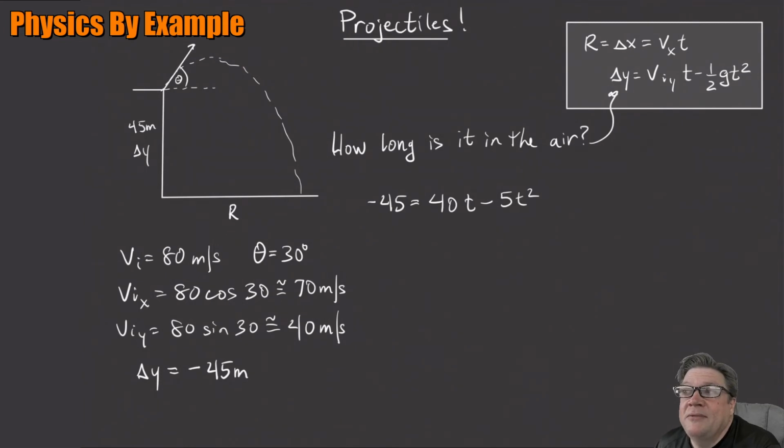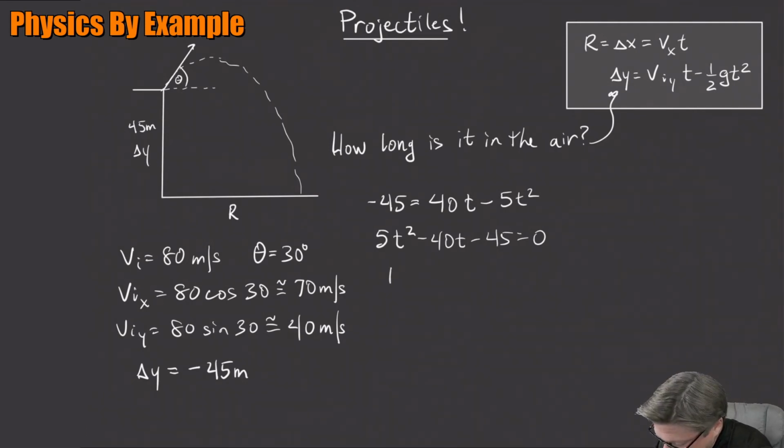And remember, the advice is always make the coefficient in front of the t squared positive. Let's bring the 5 over to the other side of the equation. That'll make things easy. 5t squared minus 40t minus 45 equals 0. It's going to be a lot easier if we just factor that 5 out. We don't need it. So t squared minus 8t minus 9 is 0.